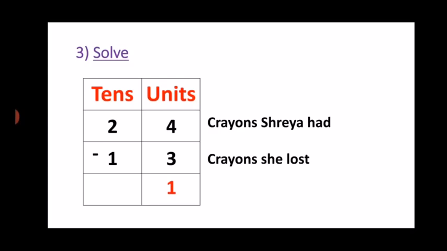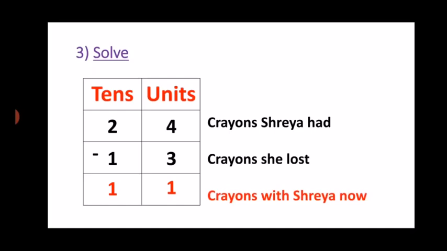Now tell me the numbers in the tens column. Yes, the numbers are 2 minus 1. So 2 minus 1 is equal to 1 ten. So therefore children, 24 minus 13 is equal to 11.